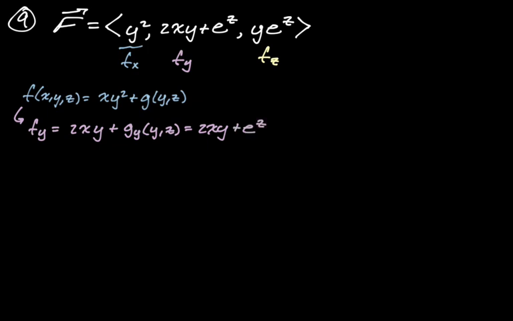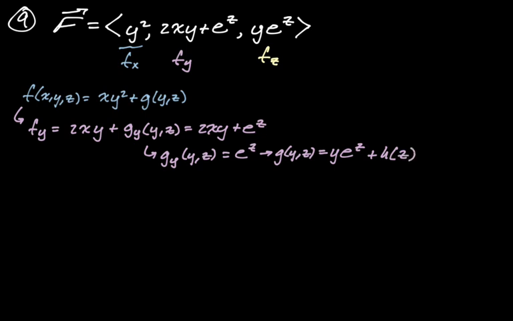Subtract 2xy from both sides, so partial y of g is going to be e to the z. Now I'm going to integrate this with respect to y, which gives me that g of y and z should be y e to the z plus some arbitrary function of just z.